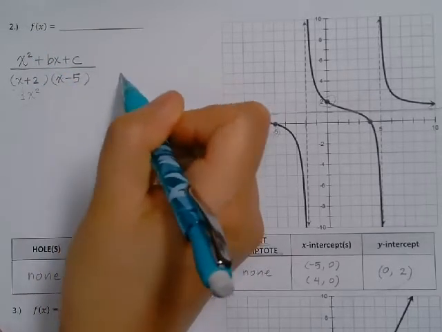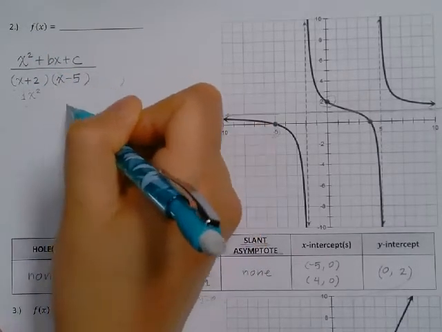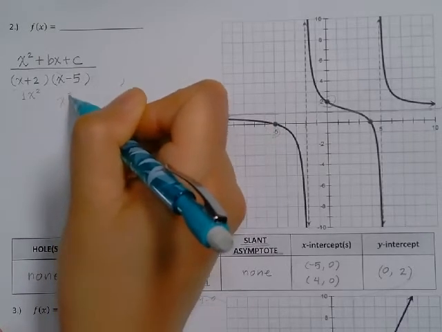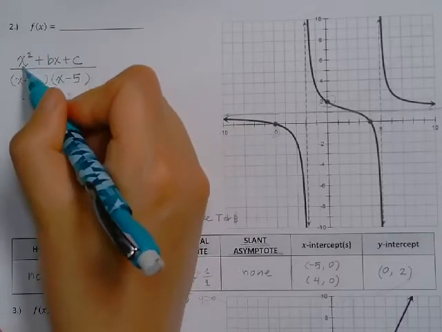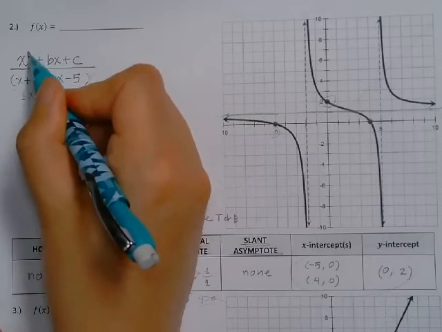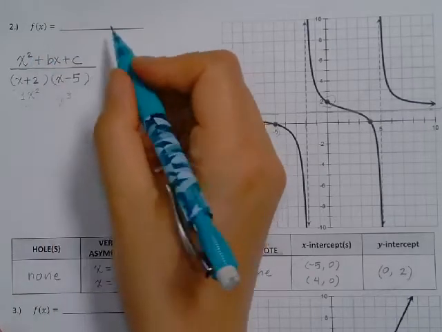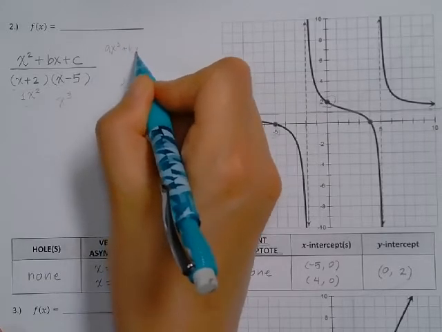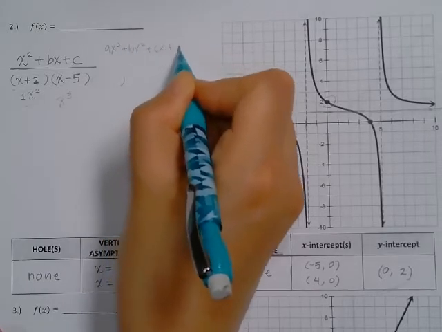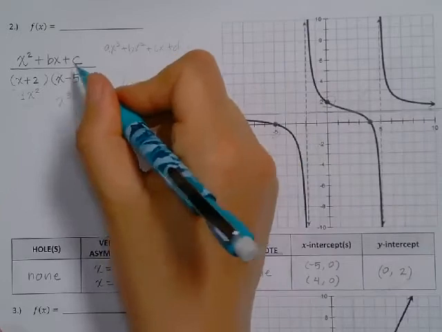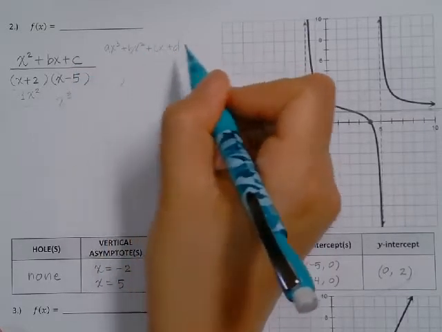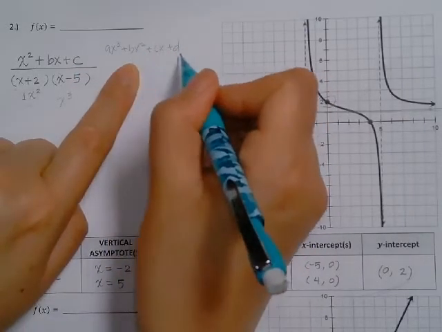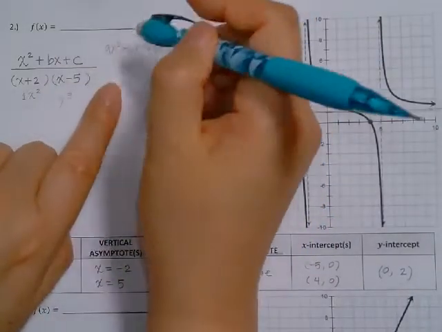If I had one more factor and it was supposed to be x cubed, then I would make the leading term on top x cubed. Then probably you would have the form ax cubed plus bx squared plus cx plus d up there, so that you can figure out the leftover terms later.